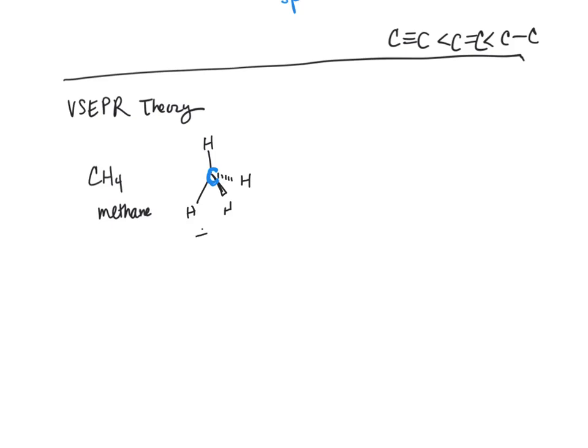So here we've got a tetrahedral arrangement. Ammonia also has a tetrahedral arrangement of electrons.